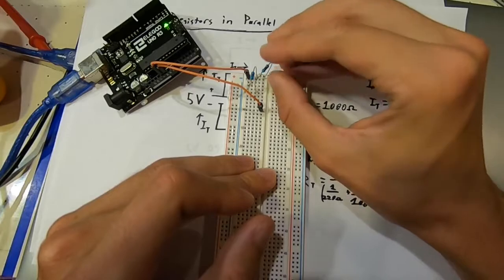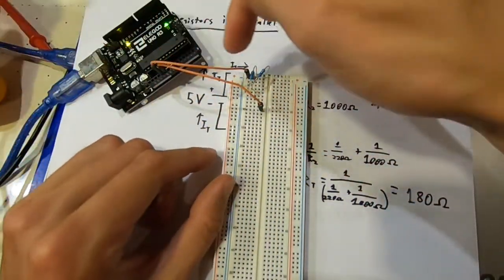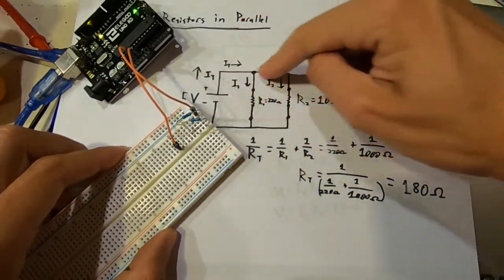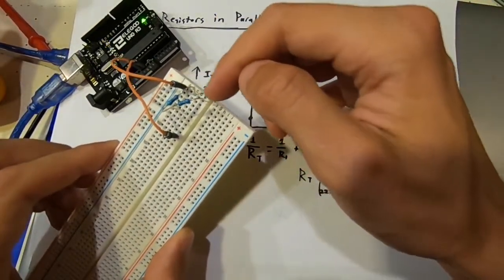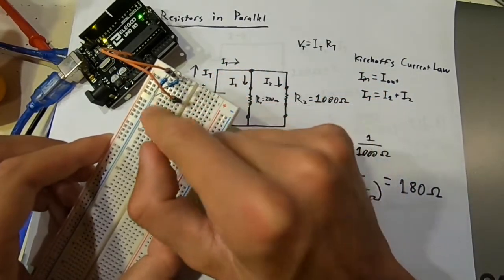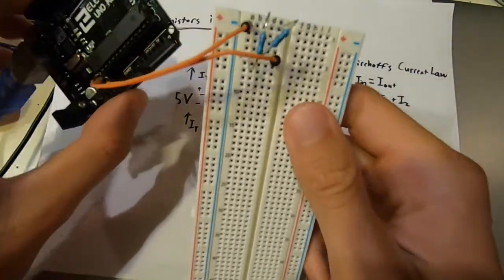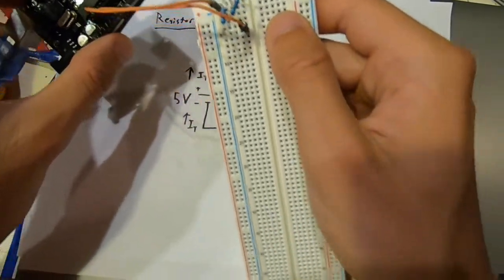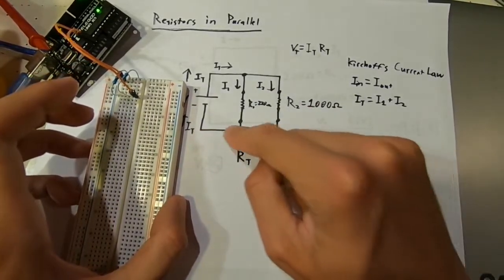So again, we have our 5 volts coming in through here. This wire up here corresponds to this row up here, and this row down here at the 5, if you guys can see the 5. Anyway, that corresponds down to this wire down here.